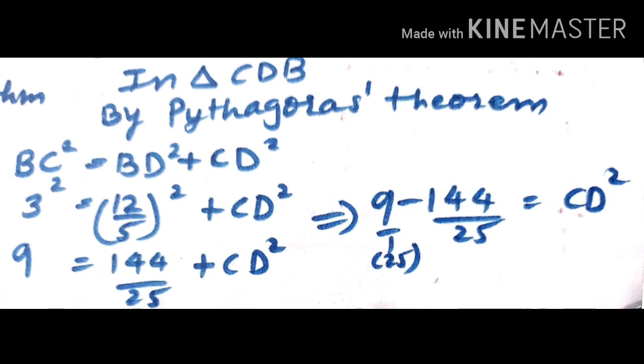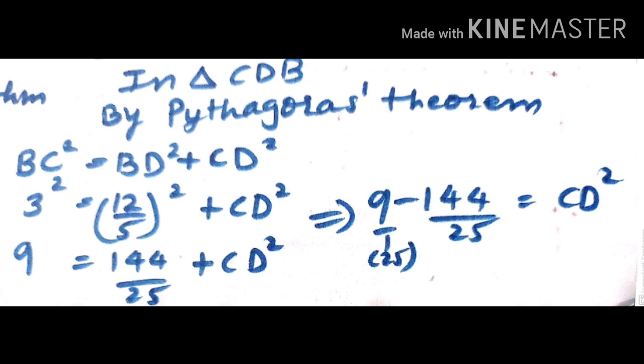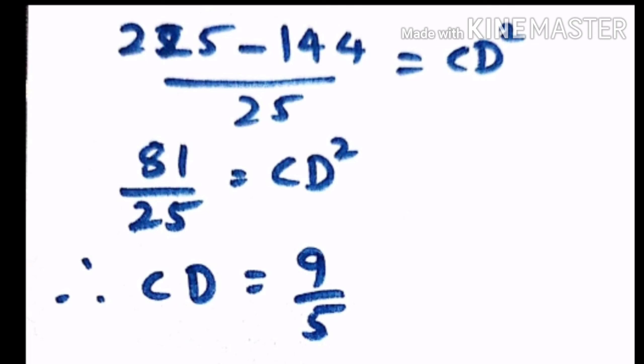So 3 square is equal to BD, 12 by 5 square, plus CD square. 3 square is 9 and 12 by 5 square is 144 upon 25, plus CD square. To get CD square, we take 144 upon 25 to the other side, and in subtraction we find our value of CD. So here by calculation, LCM I have taken, so 225 minus 144, that is 81 upon 25 is CD square value, and taking square root on both sides we get CD is equal to 9 upon 5.